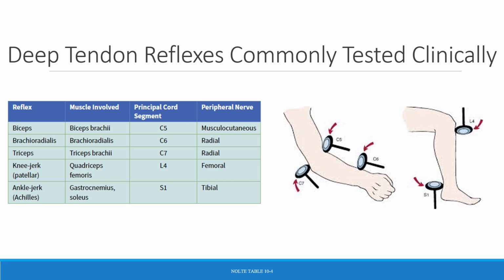Lateral femoral cutaneous nerve is the lateral femoral skin nerve, right? Obturator is internal. Sciatic is posterior leg, so femoral front, okay? Quadriceps femoris. Ankle jerk, or the Achilles reflex, that's going to be testing gastroc and soleus. It's going to be S1, so tibial nerve, S1 tibial.